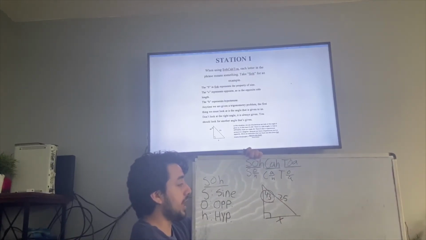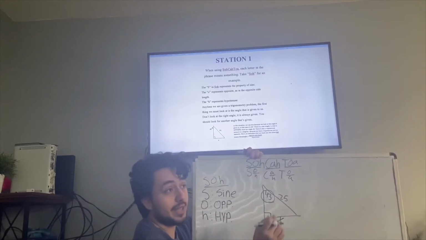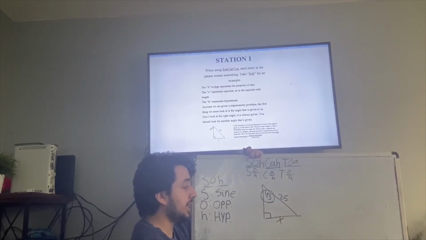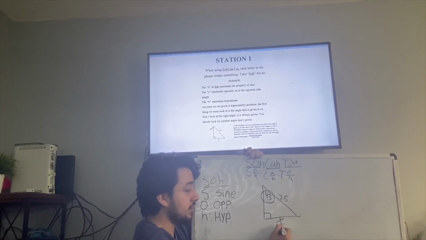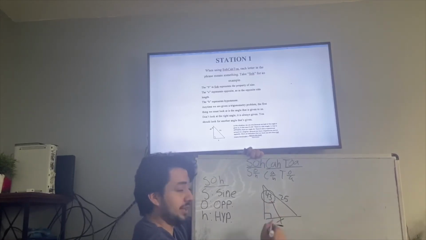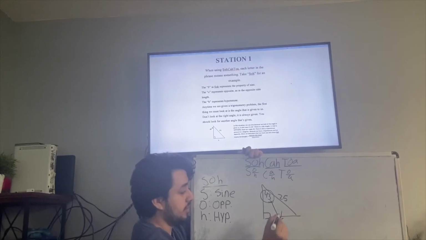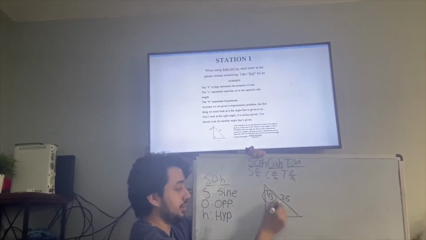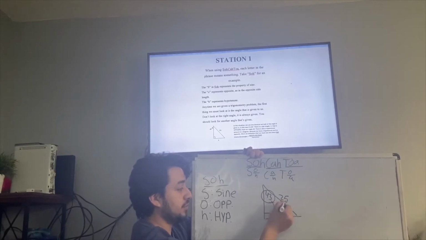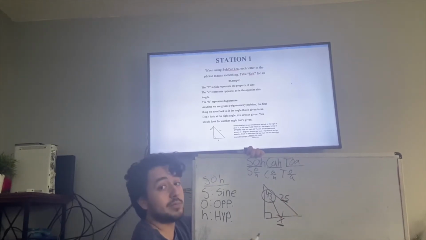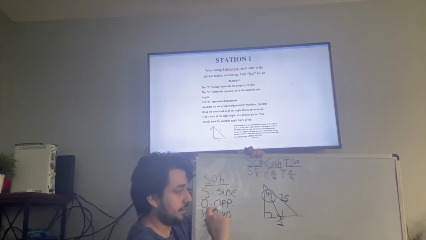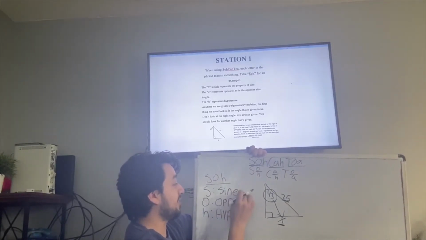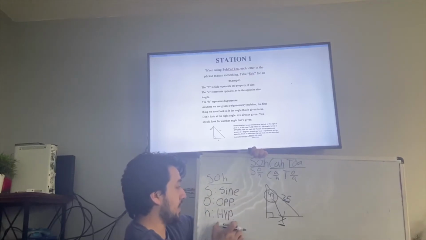We have to look at where the side lengths are based on the angle. Because our x value is opposite to the angle and our hypotenuse is visible, we know we're going to be using sine. Why? Because SOHCAHTOA. SO represents sine is opposite over hypotenuse.